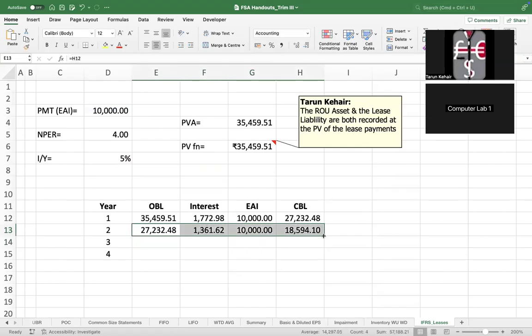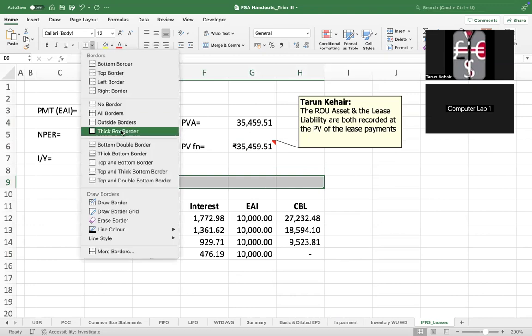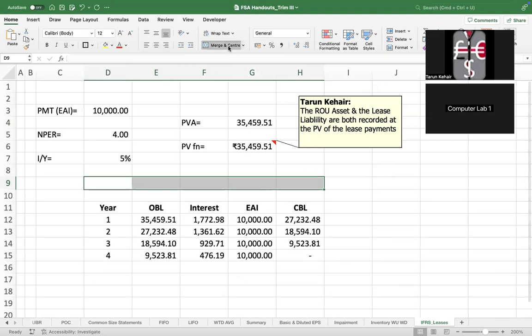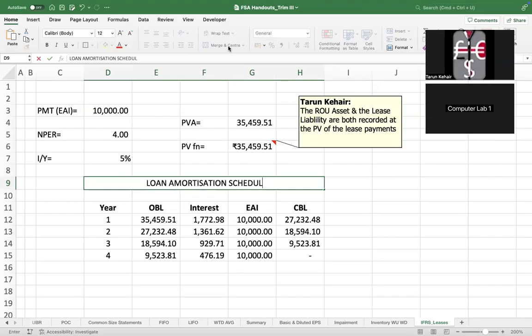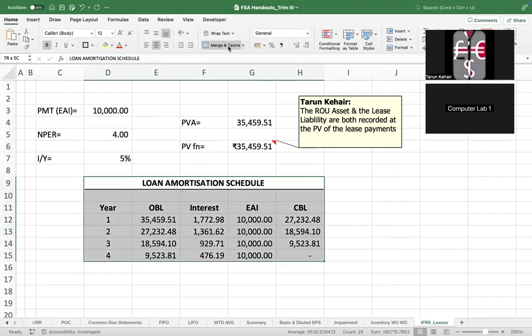My loan value should become 0, which is what happens here. So this part here is your loan amortization schedule.